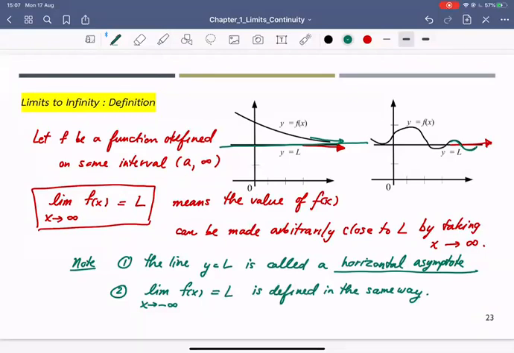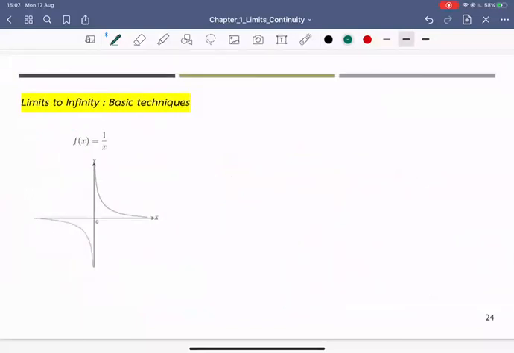To compute limits to infinity, we have some theorems that will be useful. So let's look at that theorem. First of all, before we look at the theorem, let's look at the function f(x) equals 1 over x. This is the rectangular hyperbola, and the graph of f(x) equals 1 over x is this graph, as you see in the picture here.